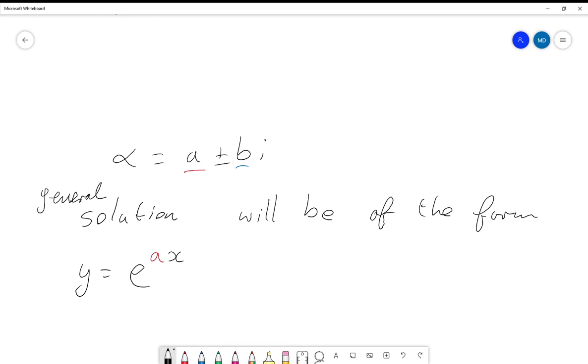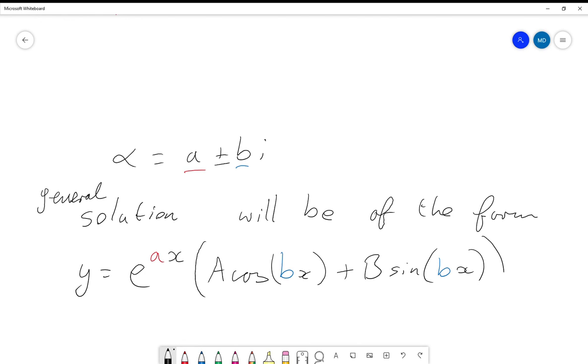And notice the real part is still in exactly the same form we would normally expect, multiplied by a cosine of bx plus b sine of bx. And that there is your general form if you have complex conjugate roots to the auxiliary equation.